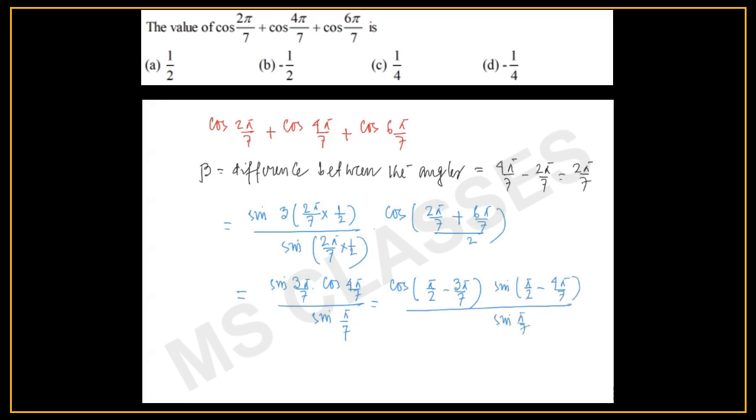Now if we simplify, then we get cos pi by 14 into sine minus pi by 14, divided by, we can simplify this one as 2 sine pi by 14 into cos pi by 14, ultimately minus sine.